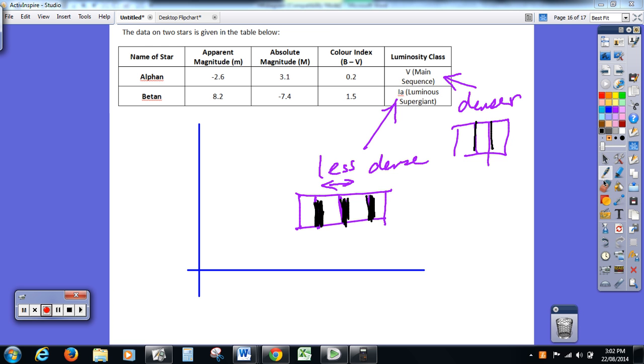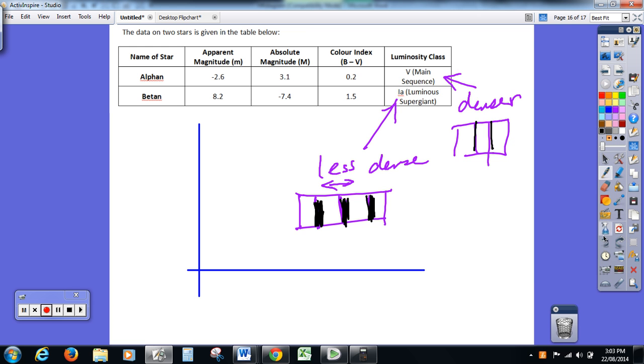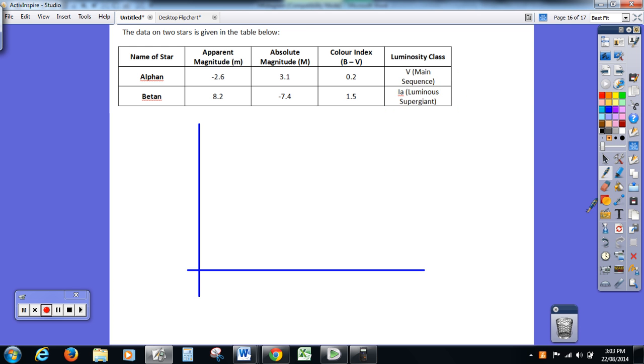So in summary, let's work out just after a first cursory look what we have discovered using this data. Okay, we can find the distance to the stars in both parsecs and light years.